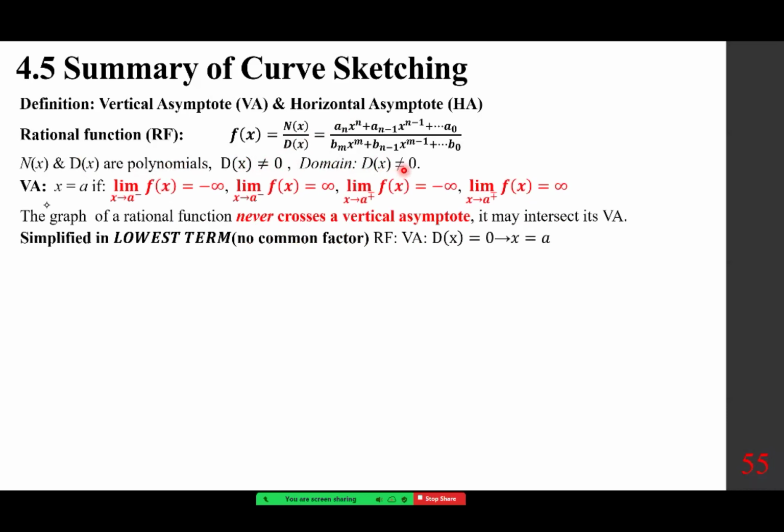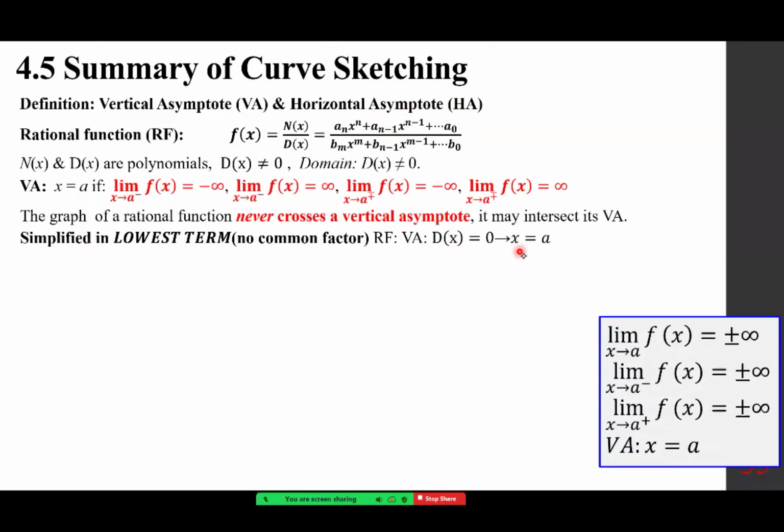Now, VA, short for vertical asymptote: x equals a if the limit of f of x as x approaches a from the left or from the right is either negative or positive infinity. The graph of a rational function never crosses a vertical asymptote. If you have the function simplified to its lowest terms, so there is no common factor between the top and the bottom, then the VA comes from setting d of x equal to 0, which gives you the equation x equals a.